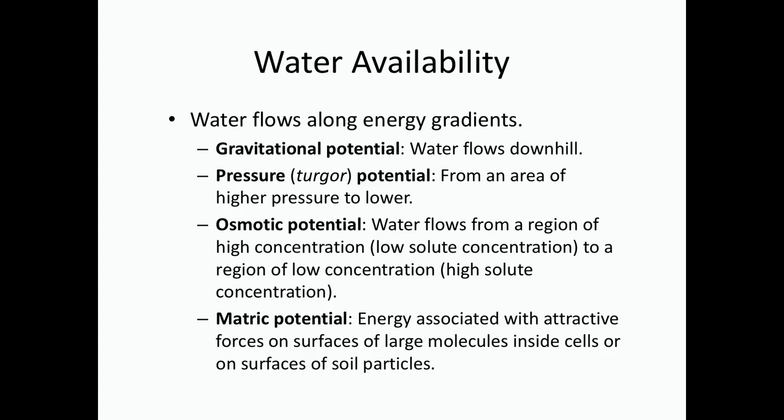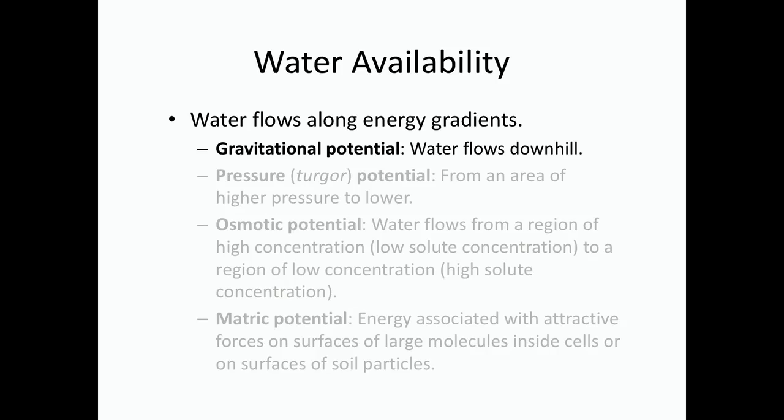But there are several different factors that have an influence on how water is going to move around: something called gravitational potential, something called pressure or turgor potential, another term called osmotic potential, and finally a term called matric potential. We're going to go through each of these terms individually in this video and talk about what they mean. And then we're going to conclude by talking about how organisms will change their physiology, biology, and behavior in order to survive these different water environments.